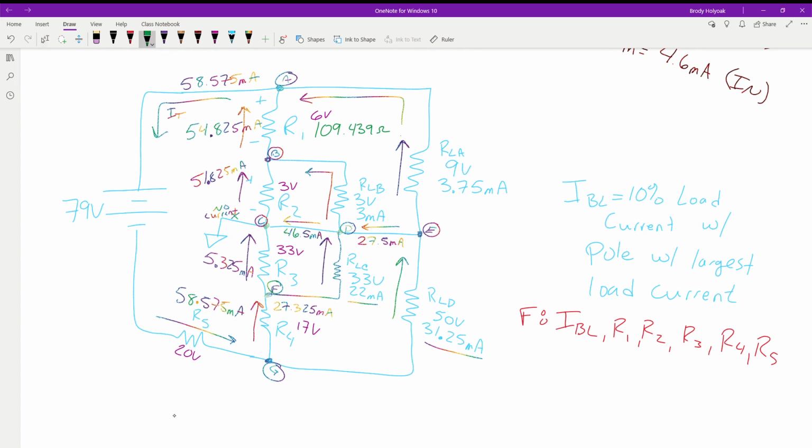Yep. 57 ohms. Jeff, you got lucky again. R3. Yep.